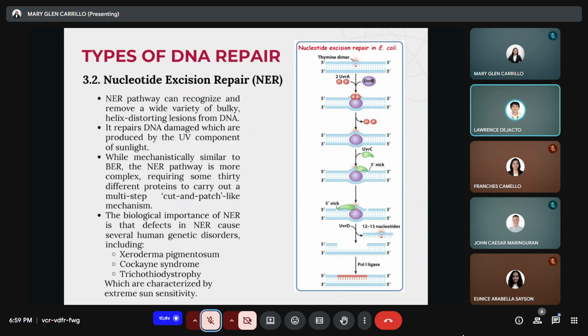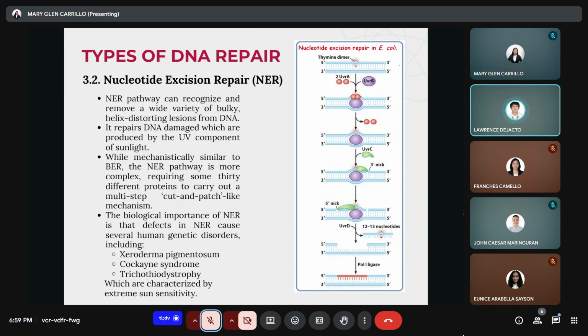While mechanistically similar to BER, the NER pathway is more complex, requiring some 30 different proteins to carry out a multi-step cut and patch like mechanism. The biological importance of NER is that defects in NER cause several human genetic disorders, including Xeroderma pigmentosum, Cockayne syndrome, and trichothiodystrophy, which are characterized by extreme sun sensitivity.